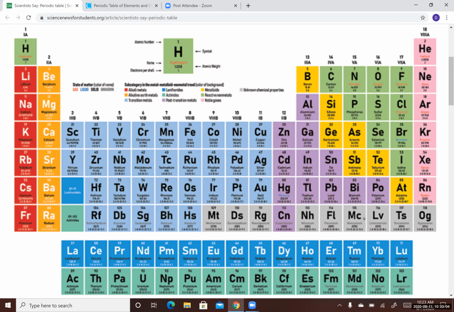Group 13, notice, is only 3, and group 14 is 4, 15 is 5, 16 is 6, and 17 is 7 in Roman numerals. So don't get too hung up on that. I'm not going to use the Roman numerals. We're going to use the 1 through 18, but you might come across them on other websites, and you could always just look at a periodic table that shows both so that you don't get confused by that.